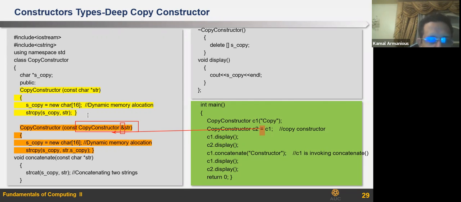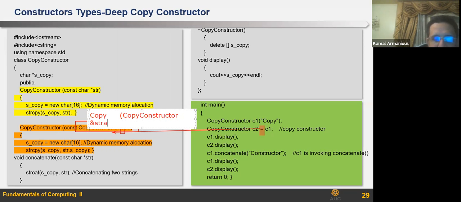What does this thing mean? It means that this is the name of the class, copy constructor. And this is called by reference, and this is str. This means that str is an object.